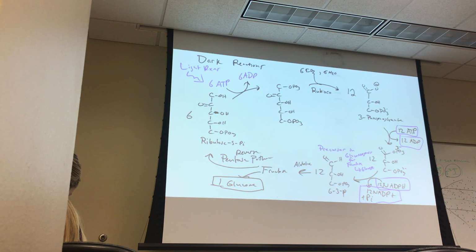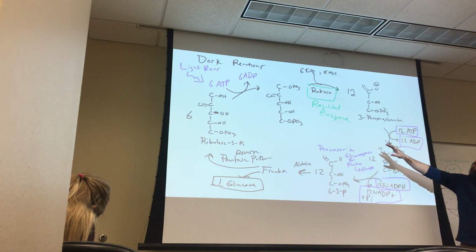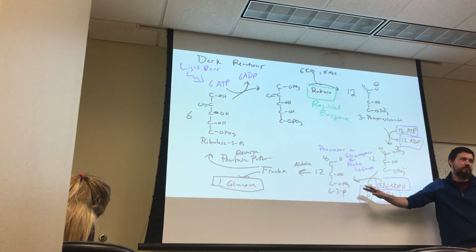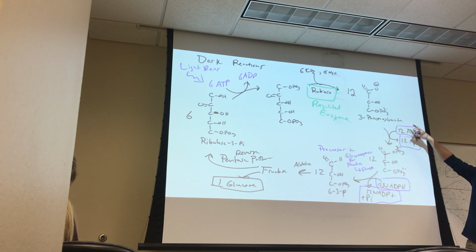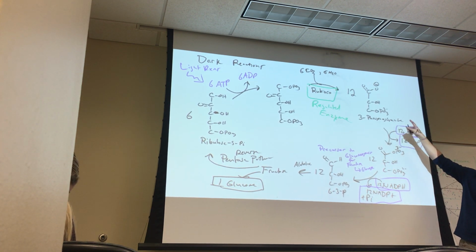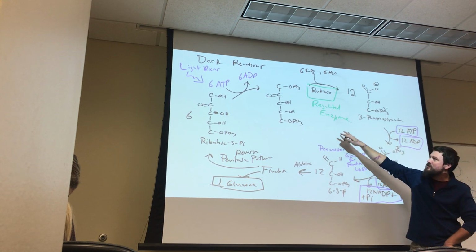reactions. Rubisco is the main, right? This is the step that really matters, and this is the step that's regulated. So now, just because these are called the dark reactions doesn't mean that they occur in the dark very well. What it means is, to do these reactions, it does not require light. All of our components from this were generated from maybe the light reactions, but light isn't directly needed.